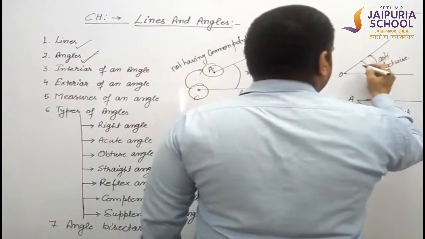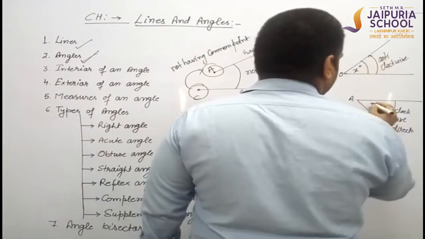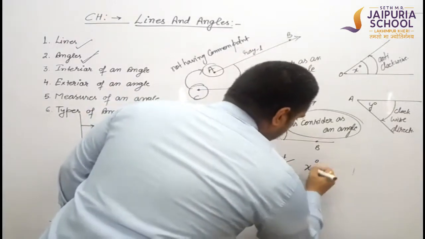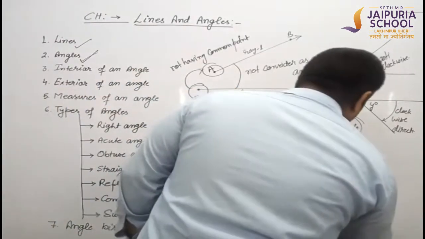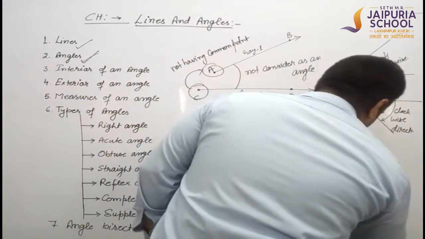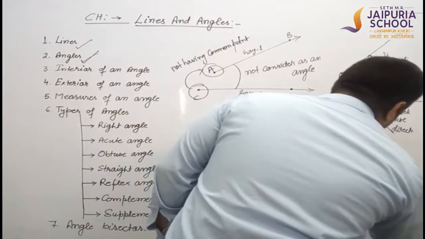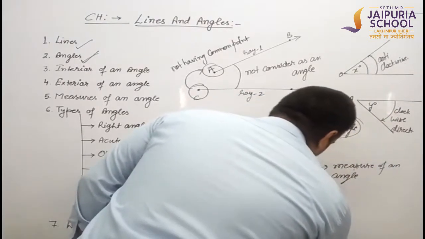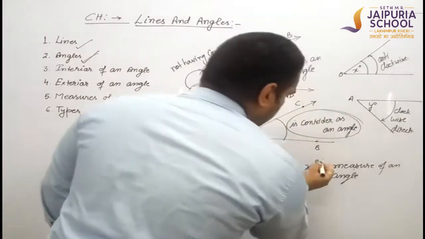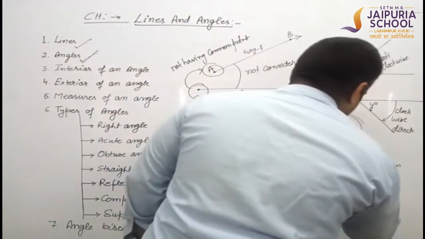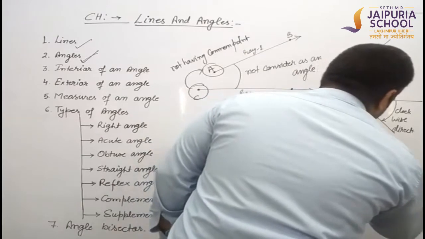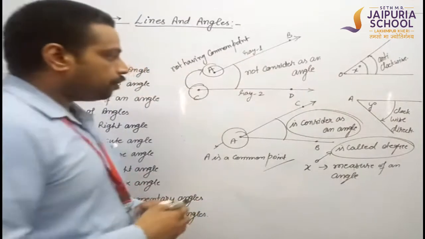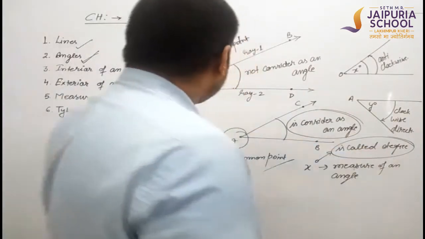The gap is written as x degree, y degree. So X is known as the measure of an angle. The unit of an angle is called the degree.